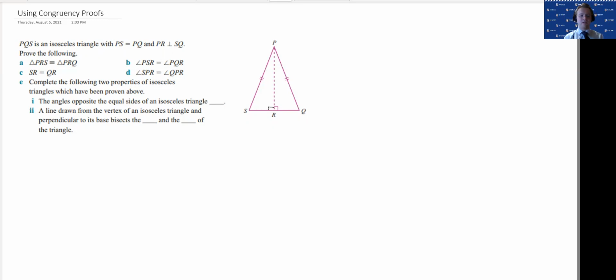If it's SAS we're going for, we want to show that 2 sides are equal, 2 angles are equal, and then 2 sides are equal, giving a geometric reason for each step. And once we've done that, we can come up with a therefore statement. Therefore, this triangle is congruent to this triangle, making sure that the order of the vertices that we write it in match. So you've got equal angles with equal angles for each of those letters.